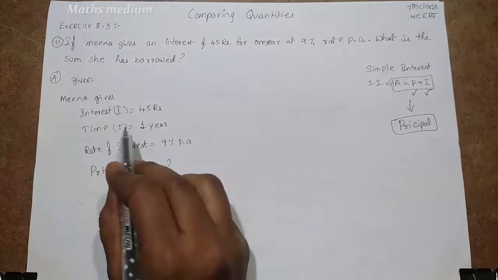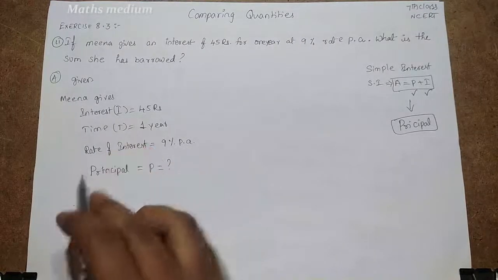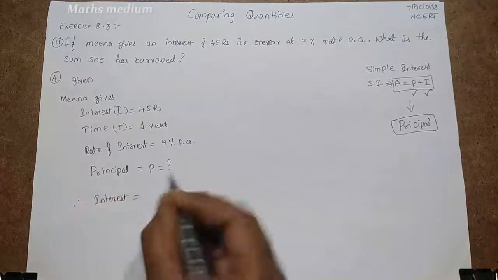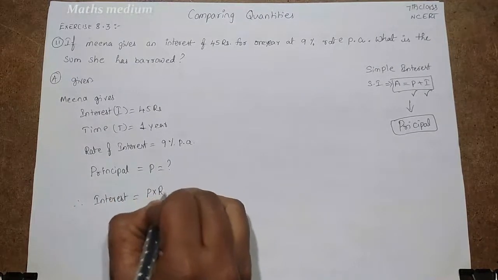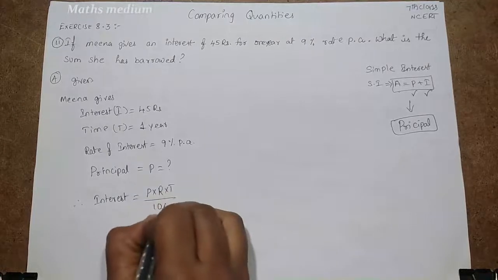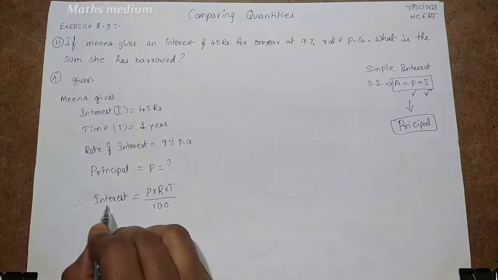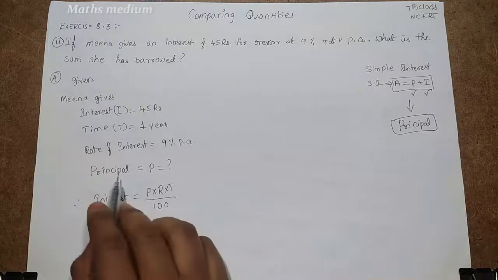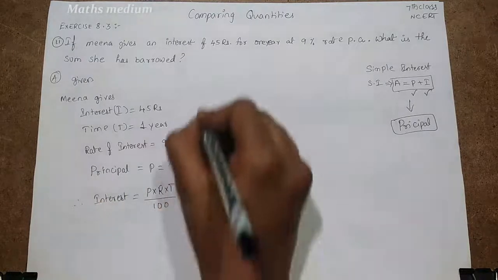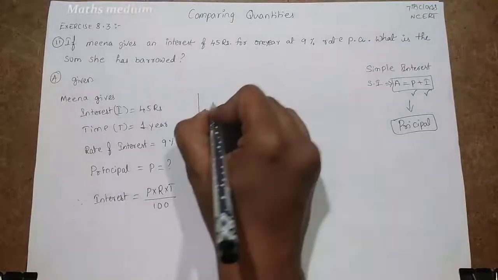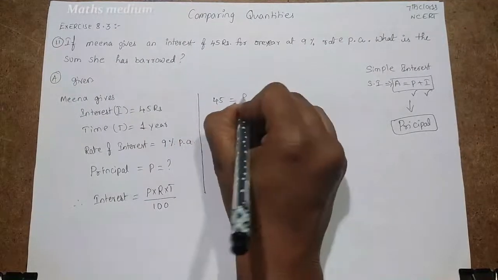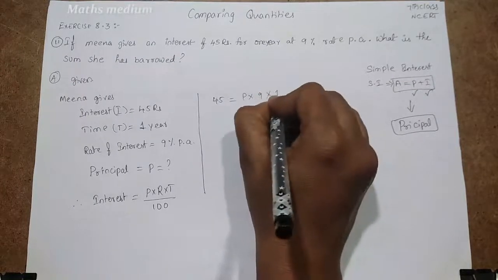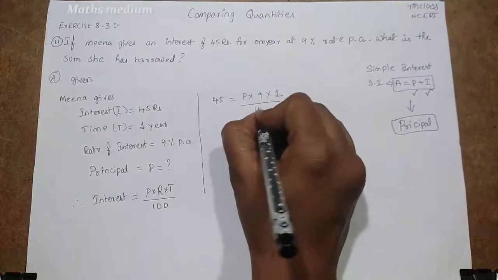By using these four given words we can write the formula: interest is equal to P into R into T by 100, right? So here we have I, R, T and 100, but we don't have P, so we have to find P. By substituting values: I is equal to 45, P we don't know, R is equal to 9, into time T is 1, divided by 100.